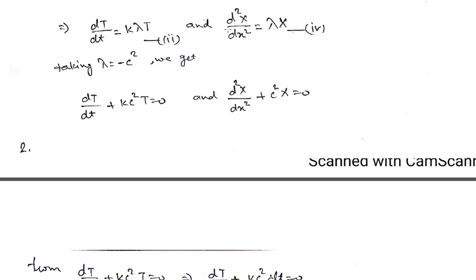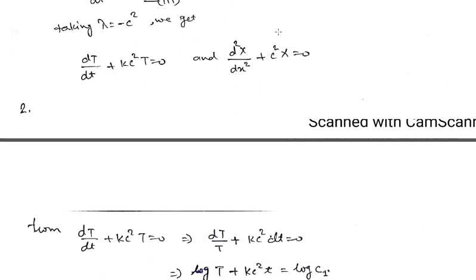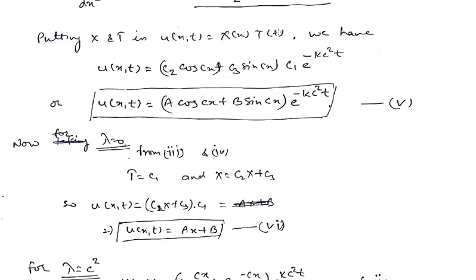When we integrate it twice, we get ax plus b. So from third and fourth, when we put lambda equals 0, it gives us capital T equals constant and capital X equals c2 x plus c3, and put these values in the solution which is given by 2.